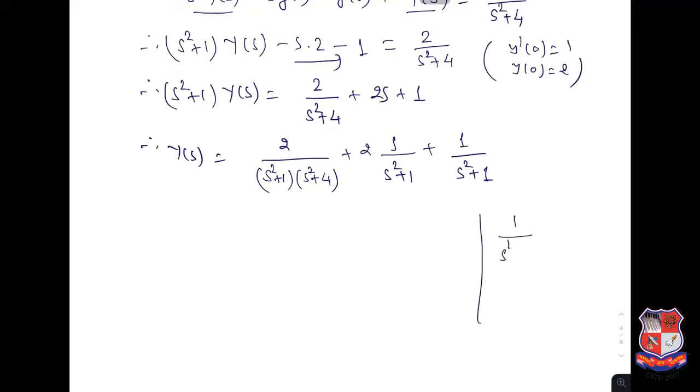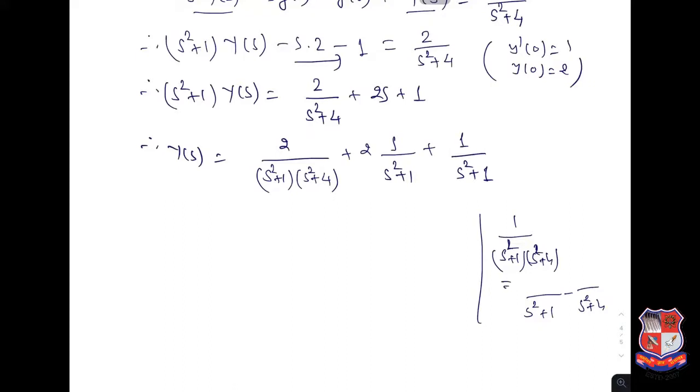1 upon (s square plus 1)(s square plus 4) can be written like this. You can easily adjust that part. If I write a minus sign here, then this is s square plus 4 minus s square minus 1, so that will be 3.